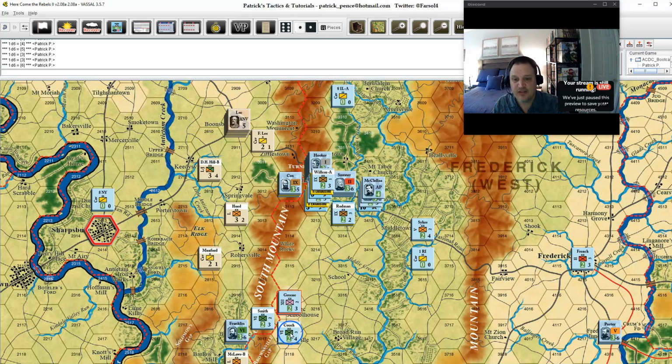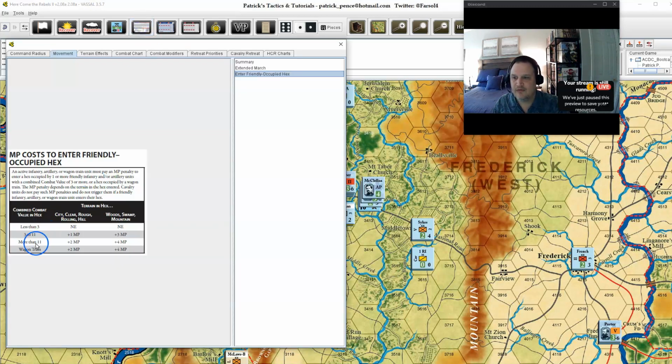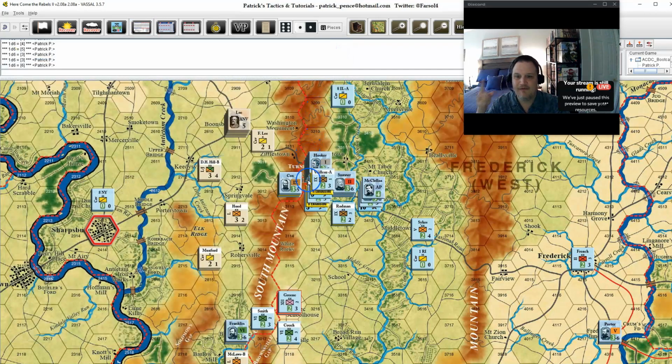So it would cost me 3 to go into this hex with Couch. So that's not helpful. In addition, if I wanted to go into a mountain, it's even more extreme. It would cost me 4 movement points on top of the 1 for the road, so it would cost me 5 more movement points to get him into the hex with Smith. So these are also considerations that you have to make.